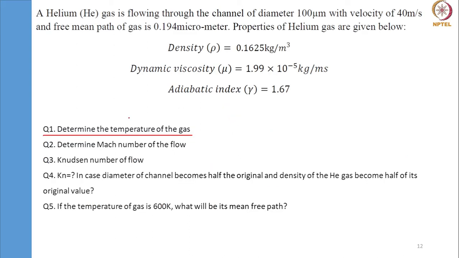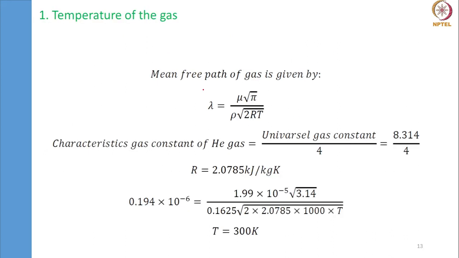So to find out the temperature of the gas given mean free path, we have this formula of mean free path given as dynamic viscosity into root pi divided by rho times root 2 RT.